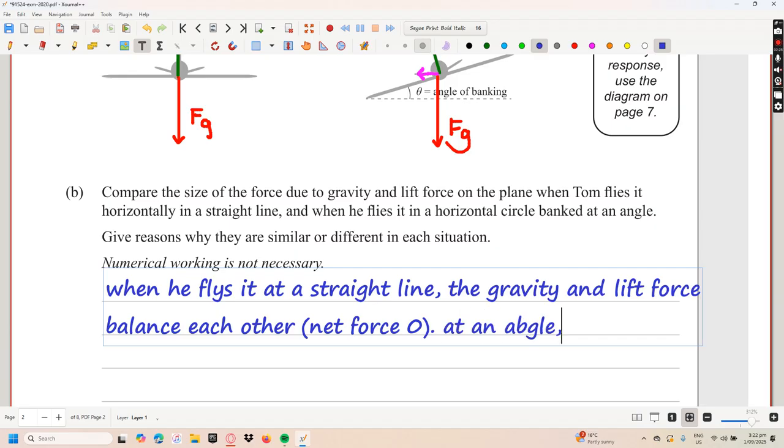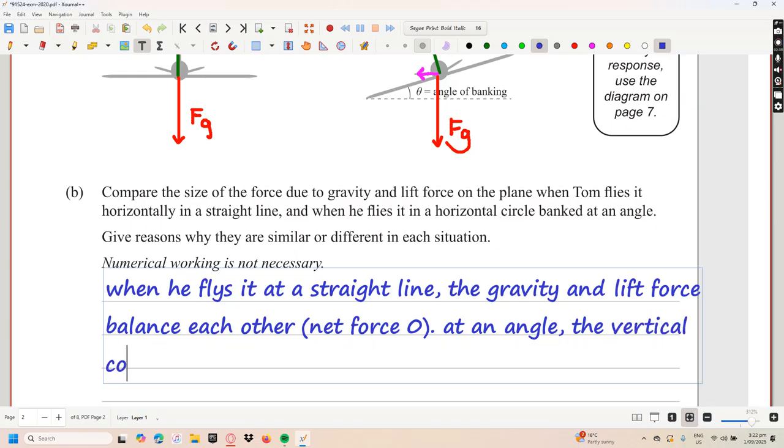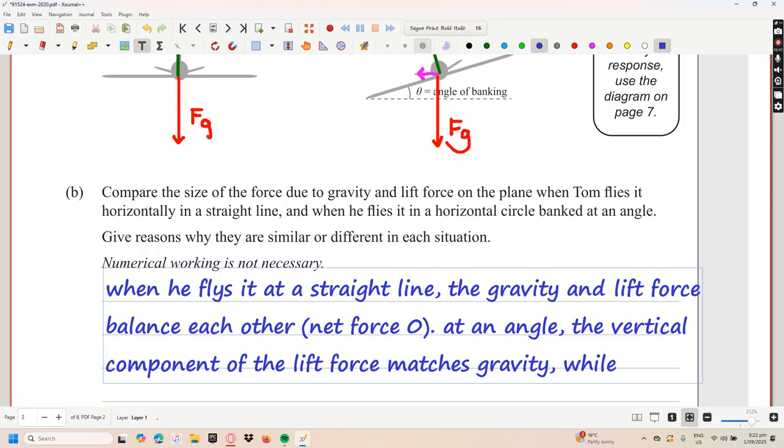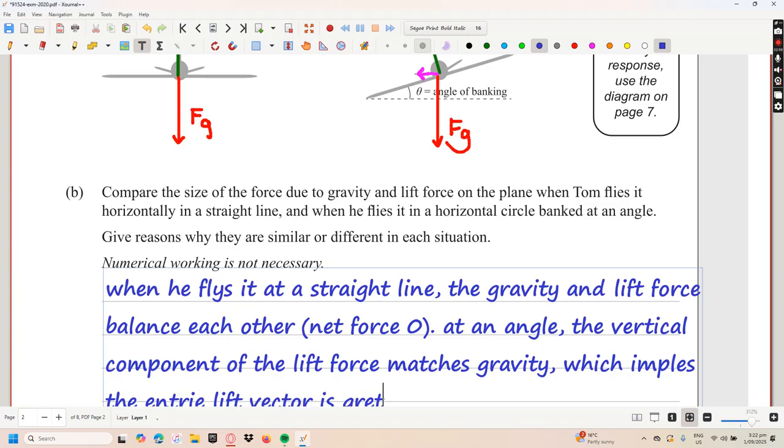At an angle, the vertical component of the lift force matches gravity, which implies the entire lift vector is greater than gravity.